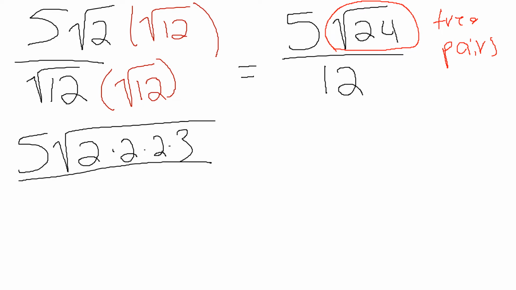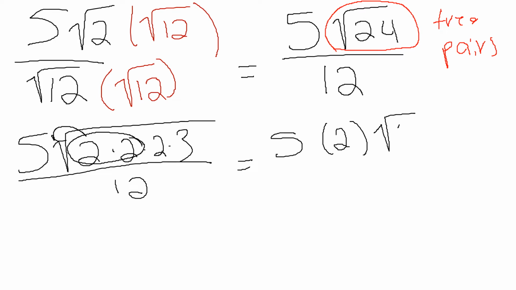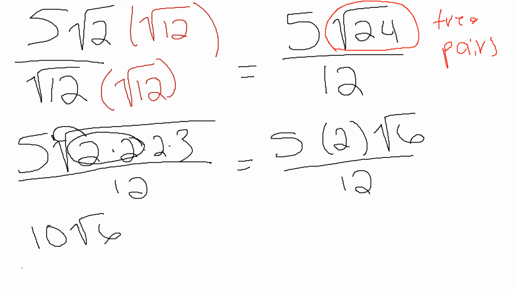Of course, all over 12. This pair of 2's is going to pull out as 1. Whatever's inside stays. 2 times 3 is 6 over 12. 5 times 2 is 10. So, step 2, I've simplified my radical.